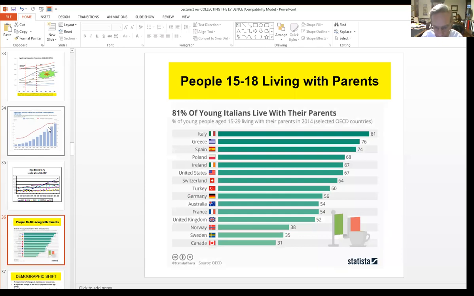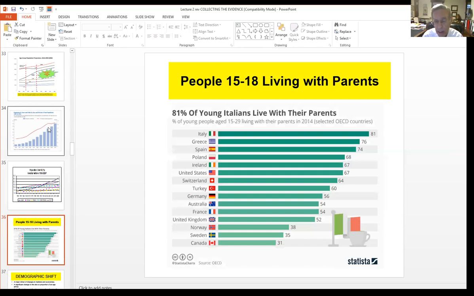But if you go to Canada at the bottom of this chart, by the time they're 15 to 18, almost 70%, 69%, are out on their own. Only 31% are still living with their parents. So there's a real cultural difference here. Among other things, young Canadian people are perhaps more independent than American people who are this age.